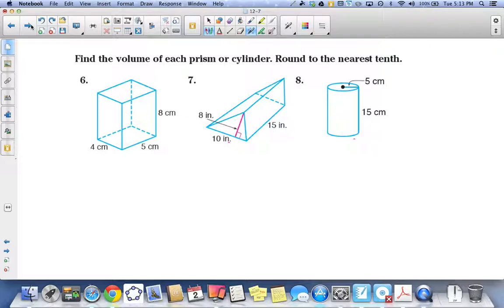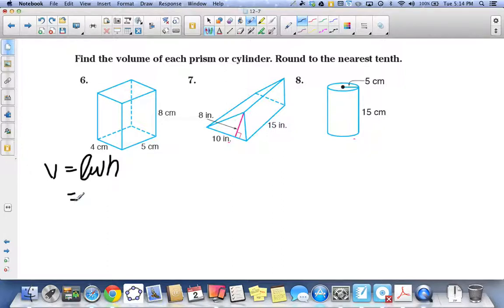Let's start. We want to find the volume of this rectangular prism for number 6. First we need to write down the formula for volume. The formula for volume is base times height. Since this is a rectangular prism, the formula for volume is length times width times height.